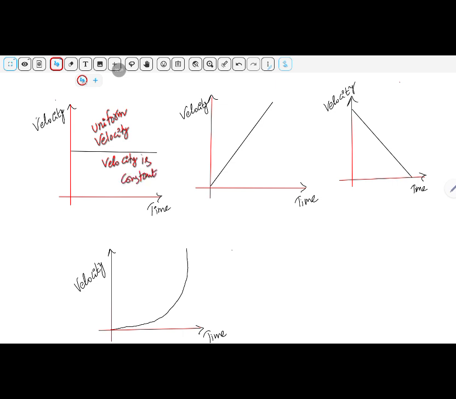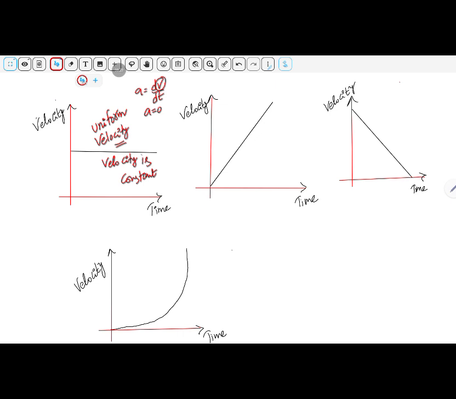We know that the acceleration is a rate of change of velocity, dv by dt. If velocity is constant, this acceleration is zero. So for this particular graph there will be no acceleration, and we consider this type of motion as a motion which has uniform velocity. We also consider this as uniform motion.